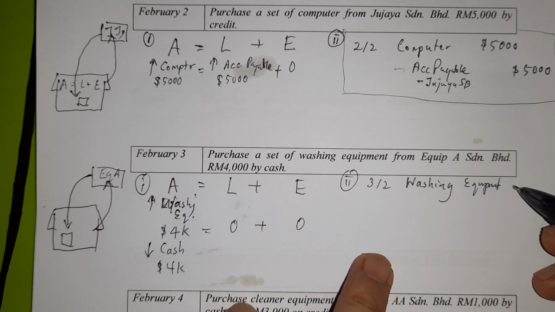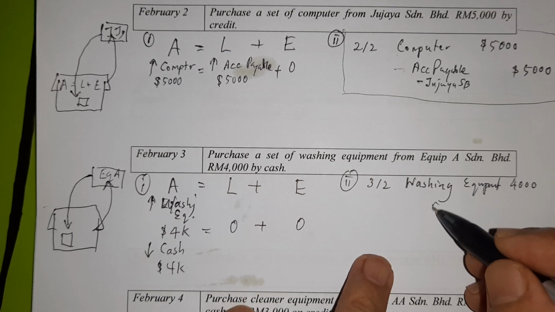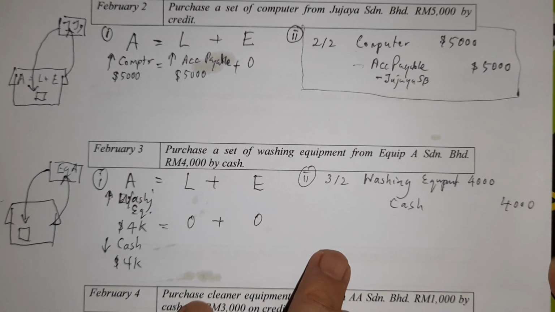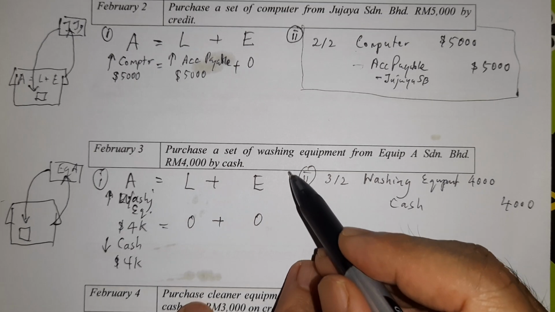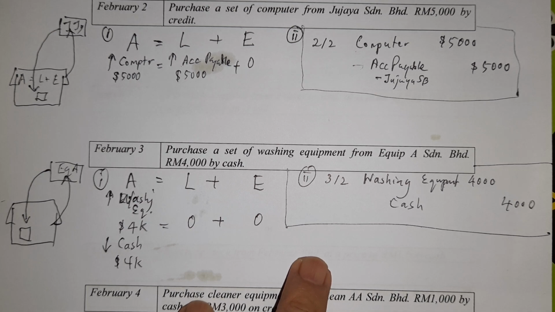The amount is 4,000. And then asset decrease, you credit. So credit account cash. The amount is 4,000. See? Okay. Very easy. This is the journal entry.